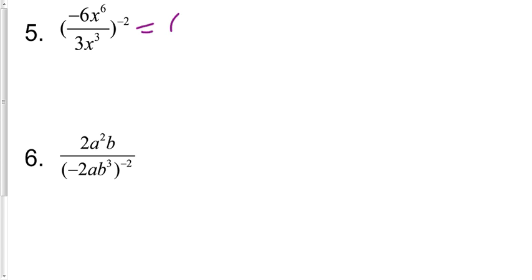So in parentheses, I've got negative 2. And the rule here is to subtract the power, so 6 minus 3 gives me x to the 3rd. And now that's still raised to the negative 2nd power. I've got two bases in here, -2 and x to the third. I need to raise both of them to the -2nd power. So -2 to the -2nd.